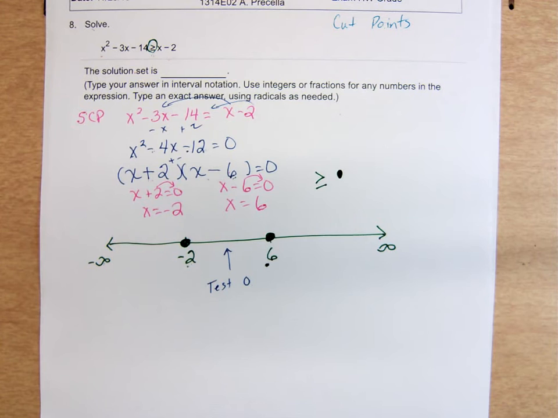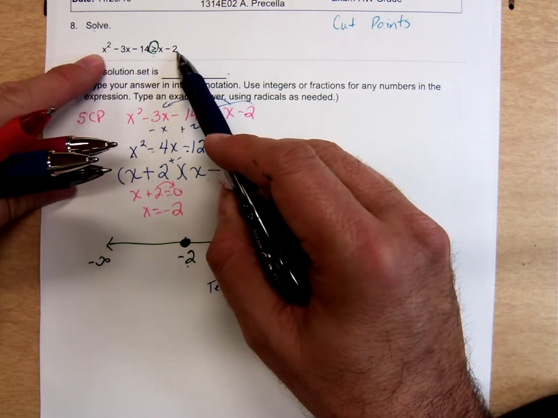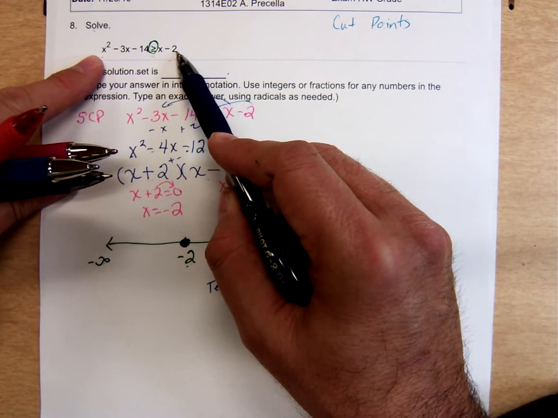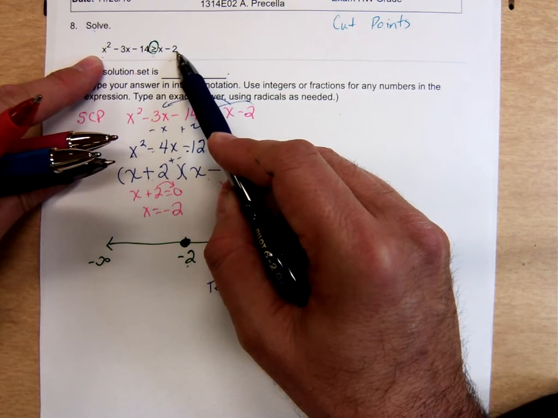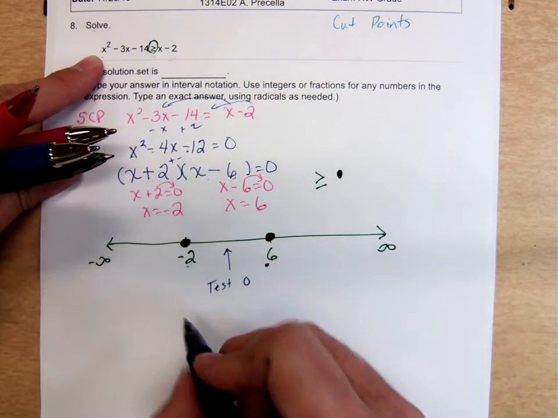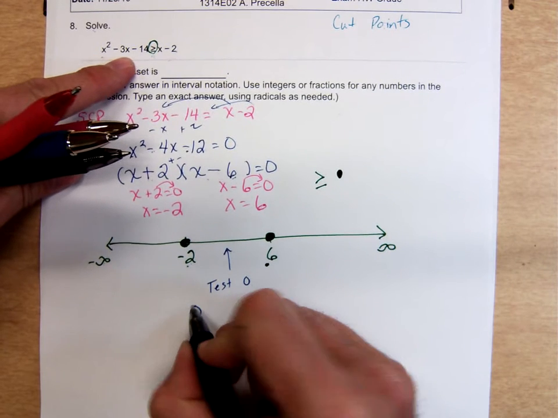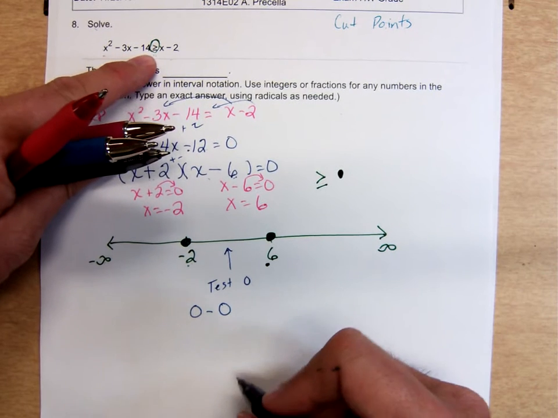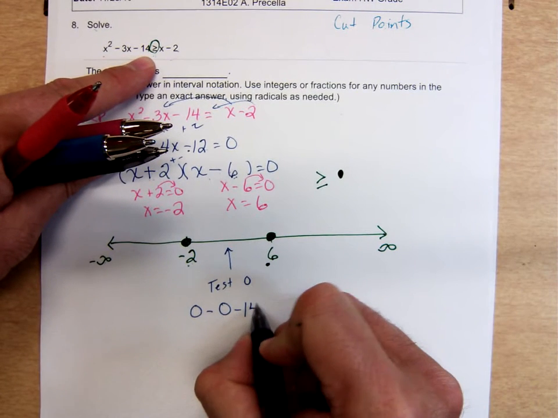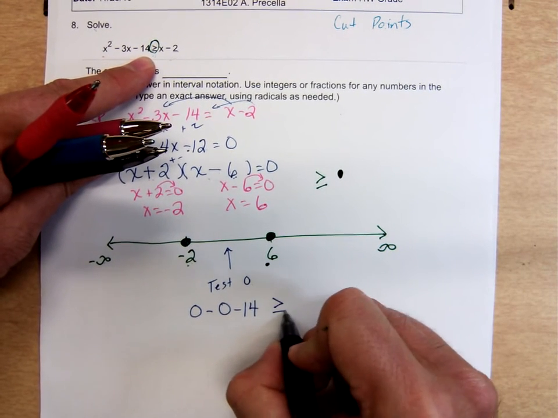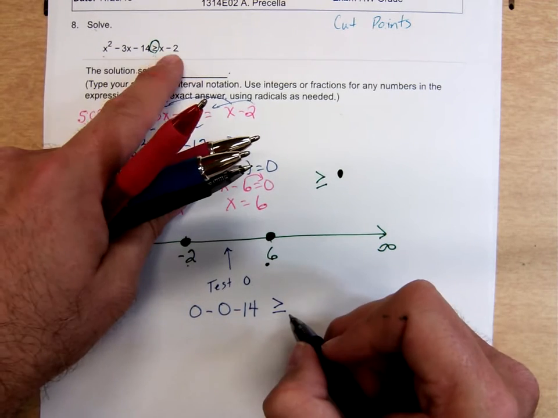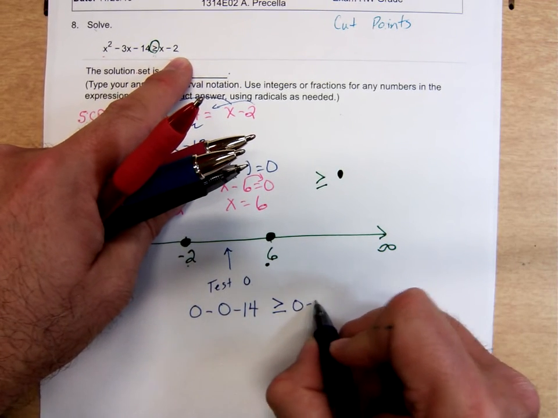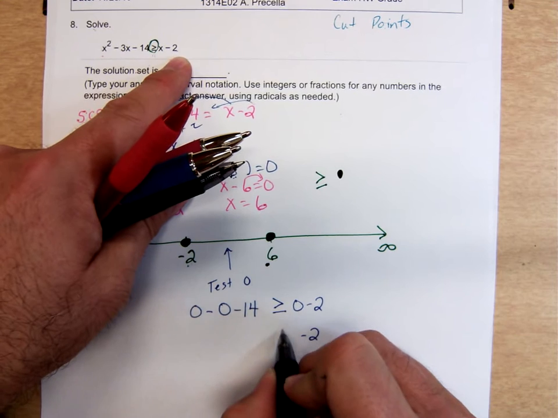And when I do this testing, I'm plugging it into the original problem. Okay? So if I come up here and put a 0 in the original problem, the 0 squared is 0. The 3 times 0 is 0. Minus 14 is greater than or equal to 0 minus 2, which would just be a negative 2.